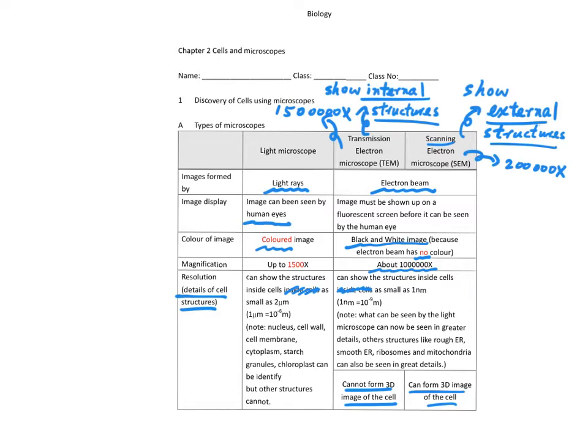Here, with an electron microscope, what can be seen by the light microscope can now be seen in greater detail. Structures like the rough ER and smooth ER, that is the endoplasmic reticulum, ribosomes, and mitochondria can be seen in greater detail.